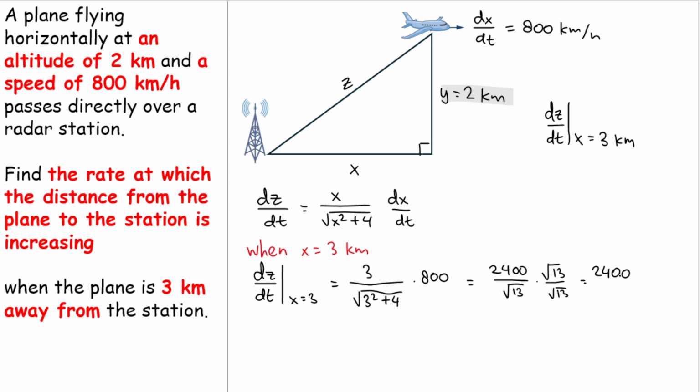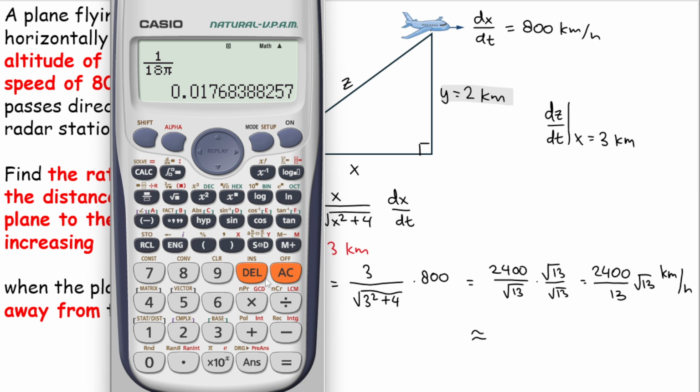So we will have 2400 divided by 13, multiplied by the square root of 13. And the unit here: dz is in kilometers, and dt is in hours. So that is the exact value. But if you want to calculate the approximate value, you can just plug it into a calculator, right?